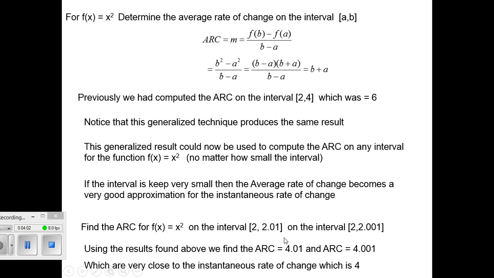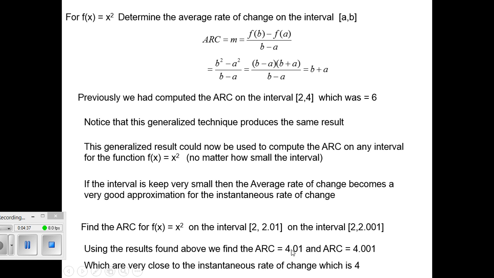The first one would result in 4.01, and the second one, just by adding the a and the b values, 4.001. So the calculus would show us that the instantaneous rate of change, which would be the slope of the line between 2 points so close that the 2 points are actually 1, is moving towards 4. So this is a step in that direction.